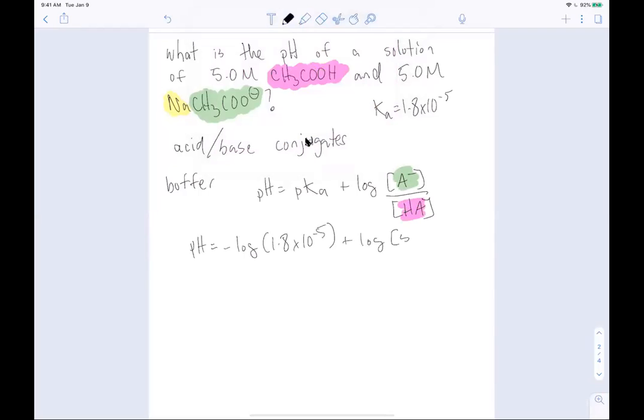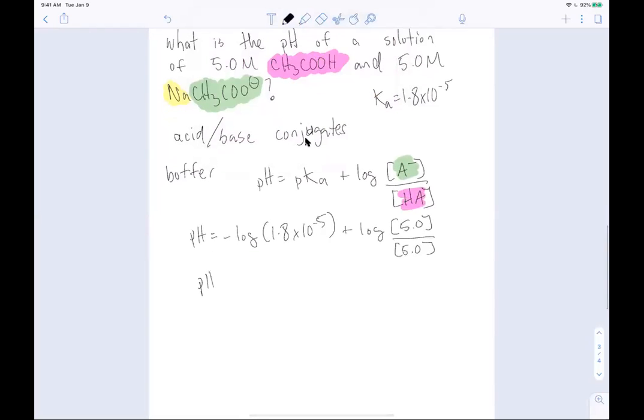And so those are both 5 molar, which is very convenient. So that means that our pH is equal to pKa.